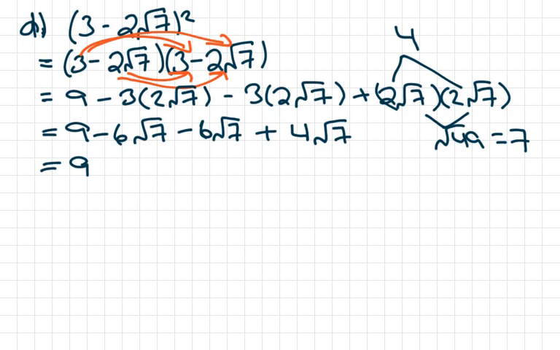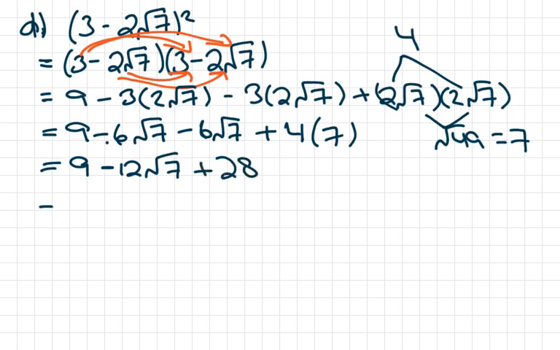Now I have 9, and then I have negative 6 root 7 and another negative 6 root 7, which is negative 12 root 7, plus 4 root 7. Sorry, okay, back up. That's not root 7, that's just regular 7. So that would be 28.